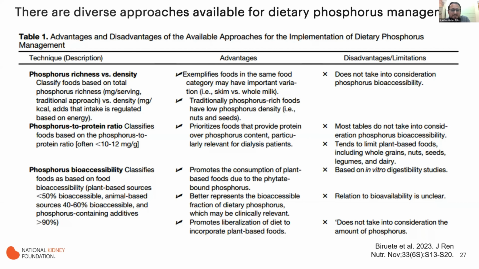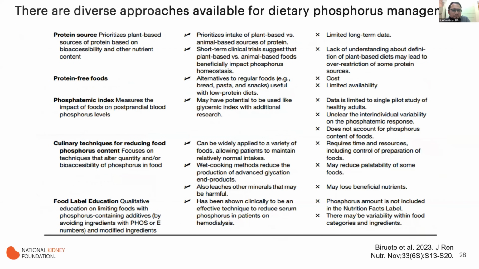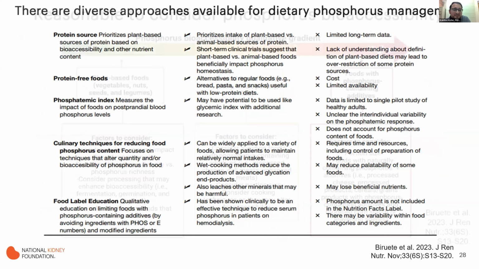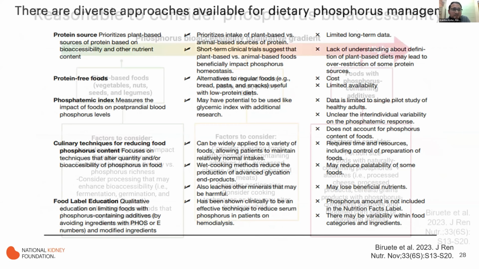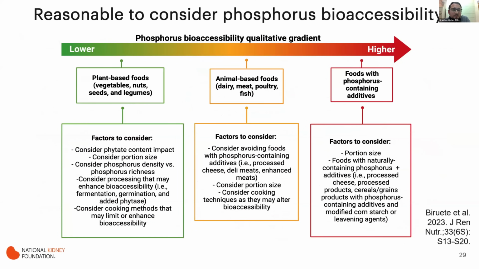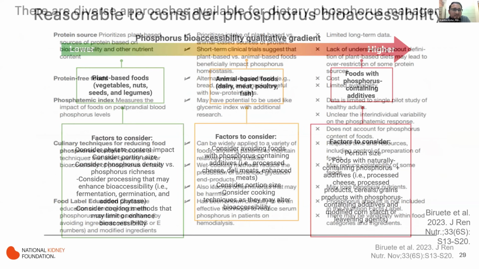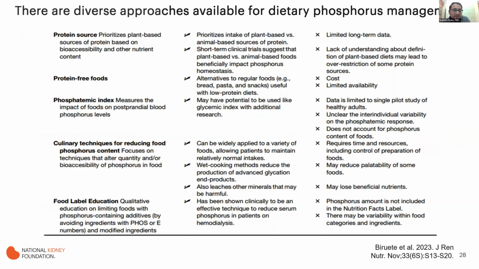If I can advance to my next slide. We have some other tools as well. Things like protein source have become a focus in recent years, as well as culinary techniques and focusing on the phosphorus label.